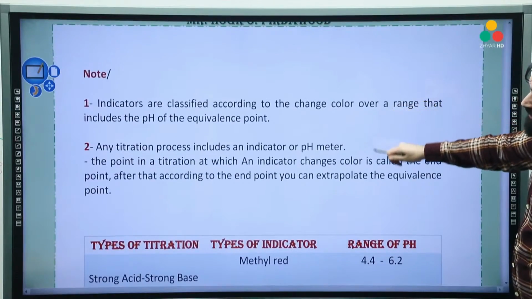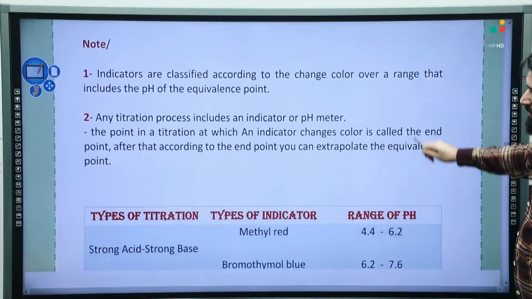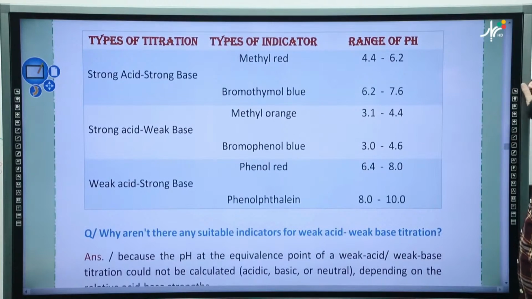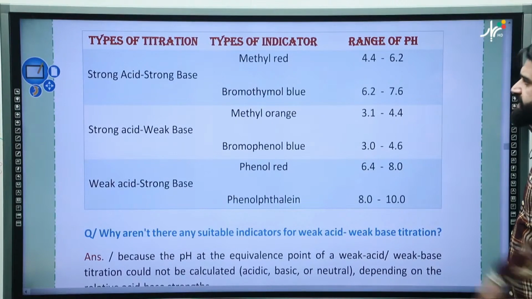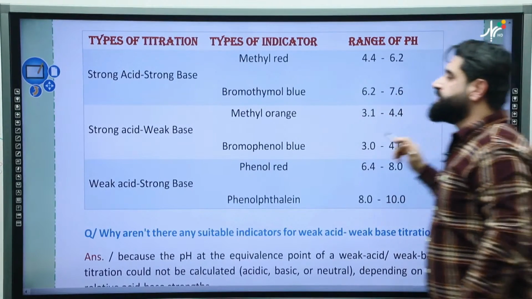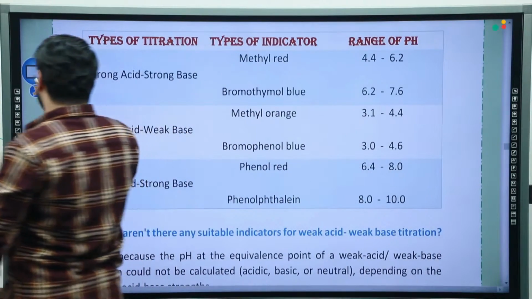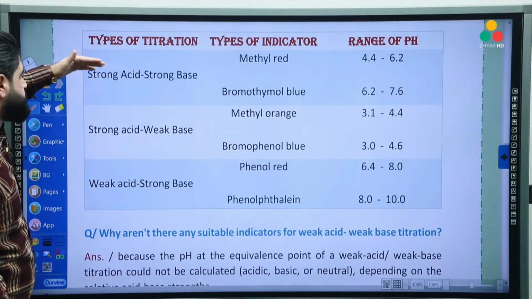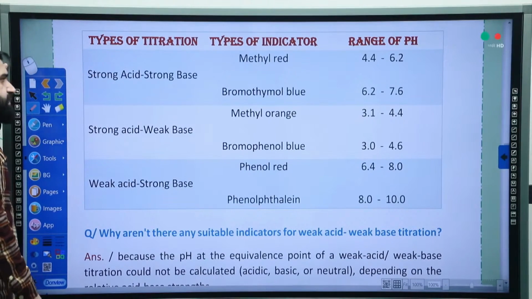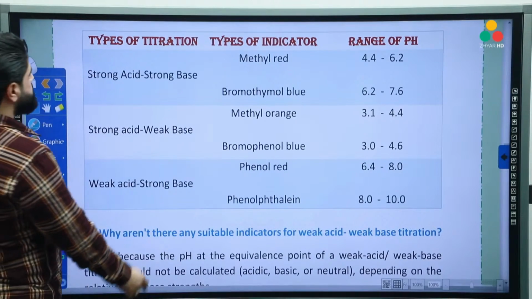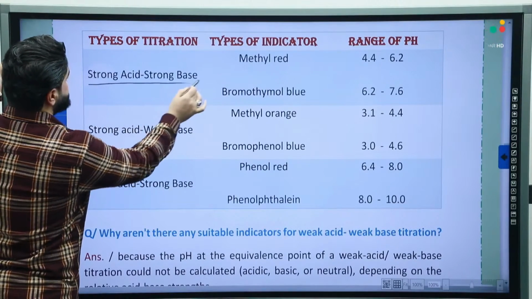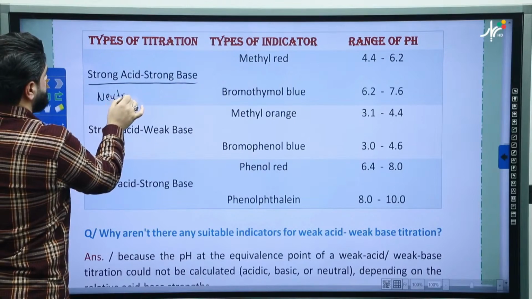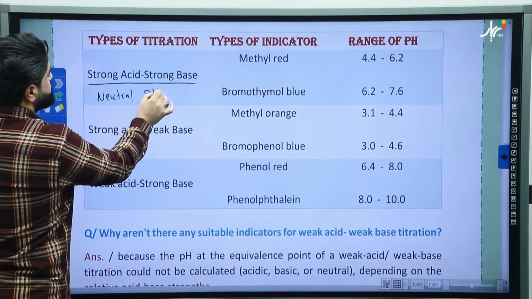Well, we have talked about these notes. They are very simple, and the point that I will leave for you to memorize is the table of indicators, because it's not random. We have to select the indicator according to the strengths of the acid and the base used in the process. For example, if a strong acid and a strong base are used, the salt is neutral, so pH equals 7.